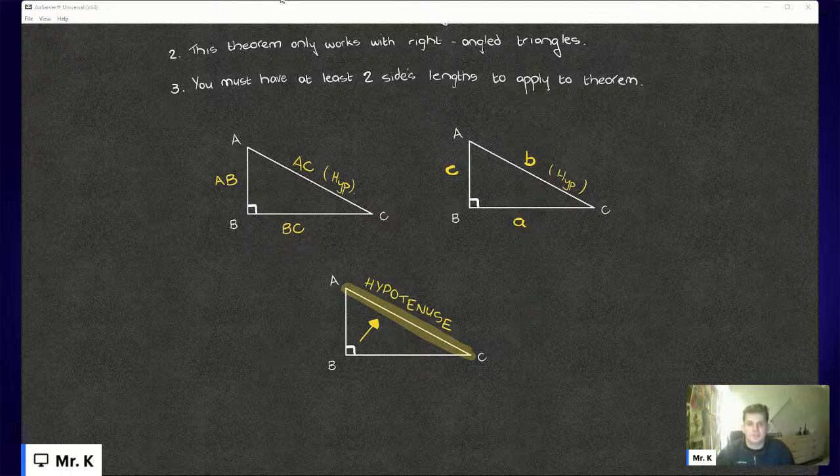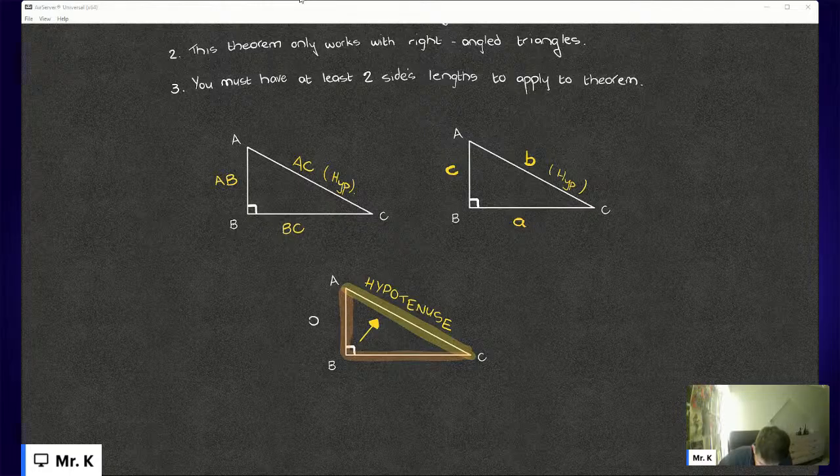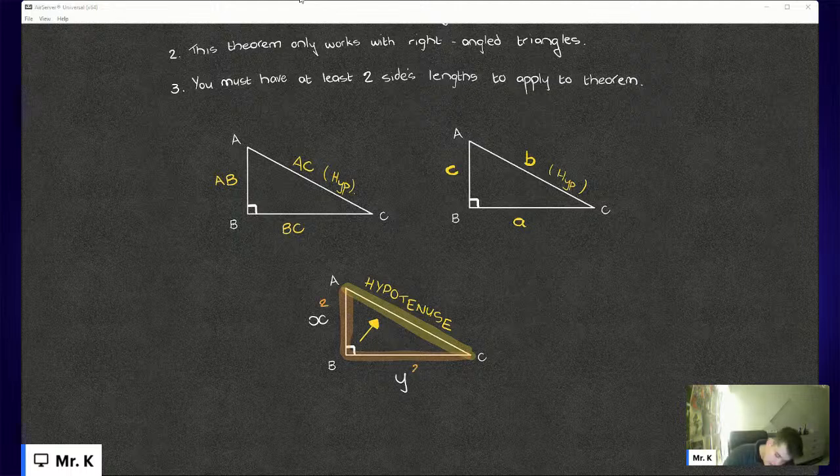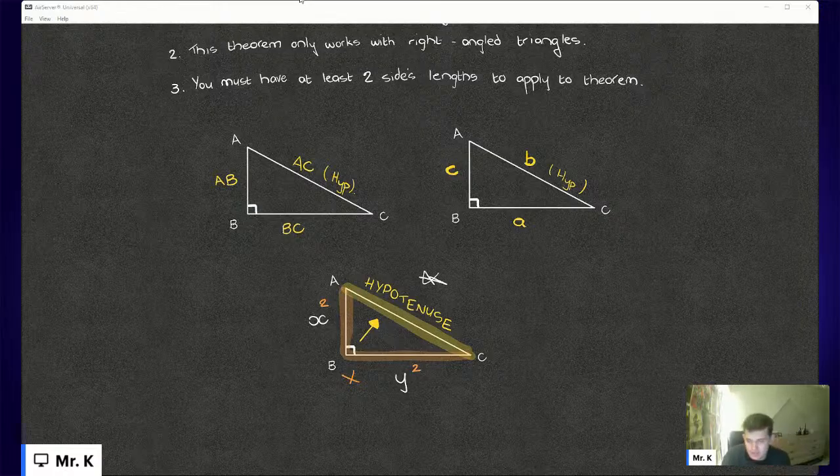So, what is so unique about this hypotenuse, this longest side of the triangle? Well, it's special to us because if we take the two remaining sides, let's say this side has a length of x and this has a length of y. If we square these two values and add them together, we essentially get the length of our hypotenuse.